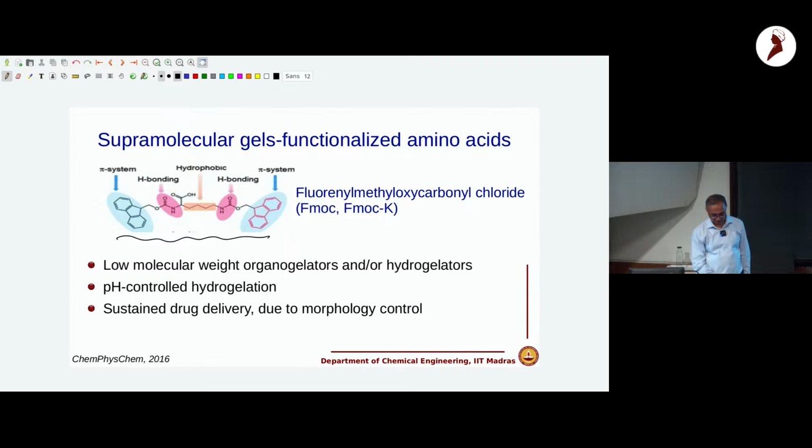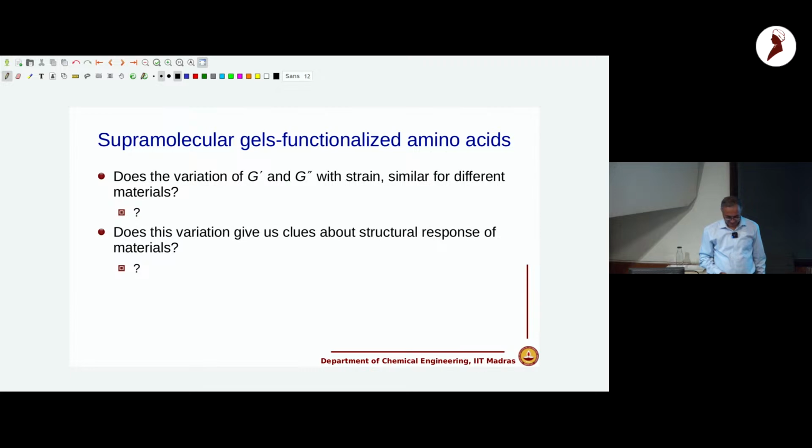So when another molecule, the same molecule, comes, these molecules can stack on top of each other and end up forming a chiral helical structure, where each molecule assembles, and then these chiral assemblies get together and form a fibril, and eventually you get a gel. Very small amounts, 1 weight percent, 0.5 weight percent of this, can lead from a sol to a gel.